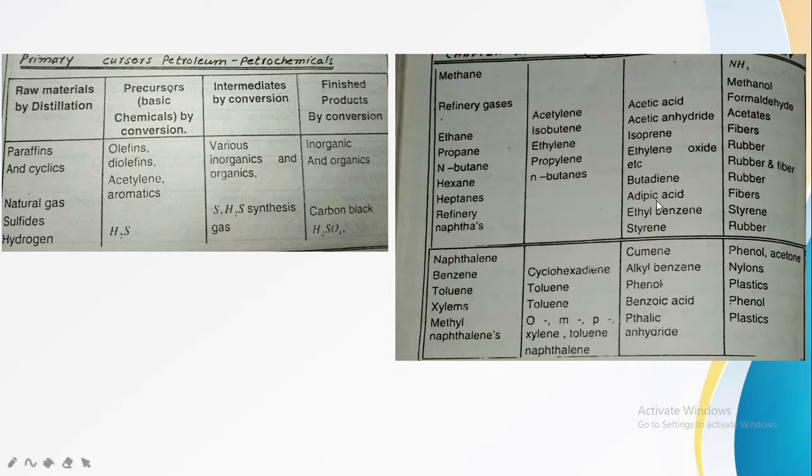These are the intermediate conversions, and the final products are methanol, formaldehyde, acetates, fibers, rubbers, styrenes, etc. With the help of naphthalene, benzene, toluene, xylene, methyl naphthalenes and cyclohexadienes, ortho, meta and para xylenes, toluenes and naphthalenes will form cumene, alkyl benzene, phenols, benzoic acid, phthalic acid. These are the intermediates, and the final ones are phenol, plastics, phenols and acetones, etc.